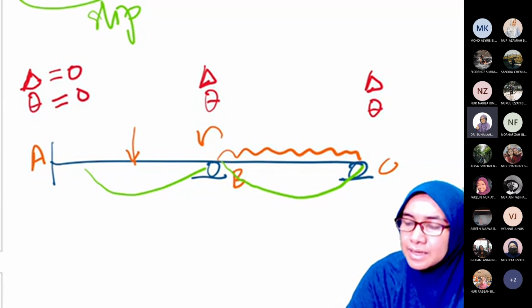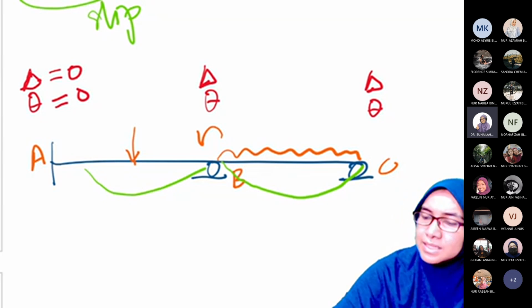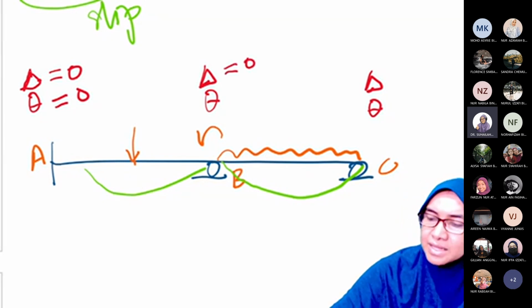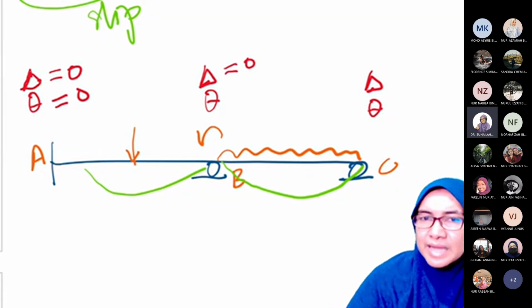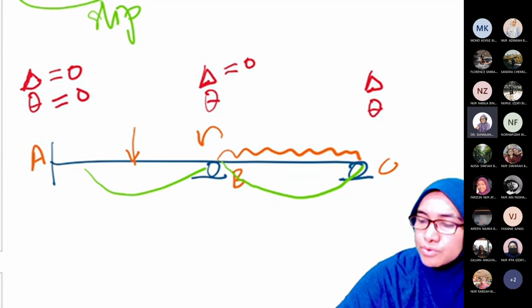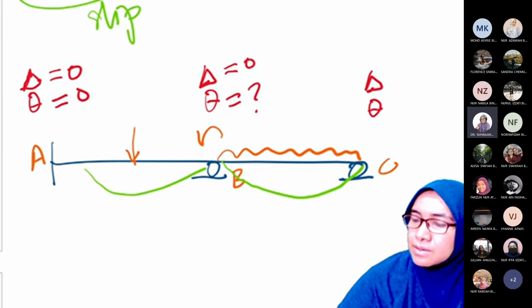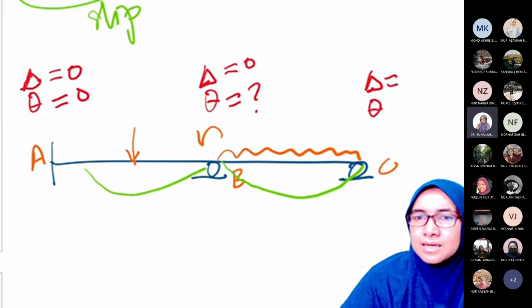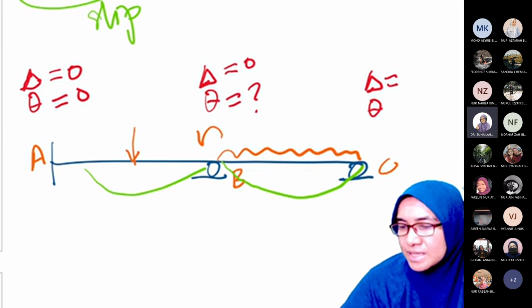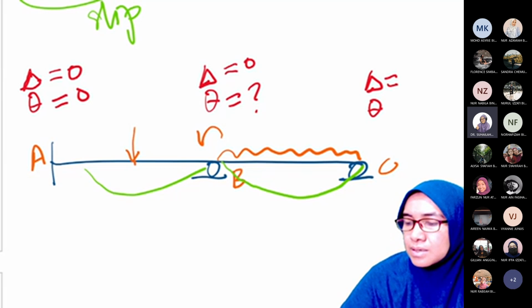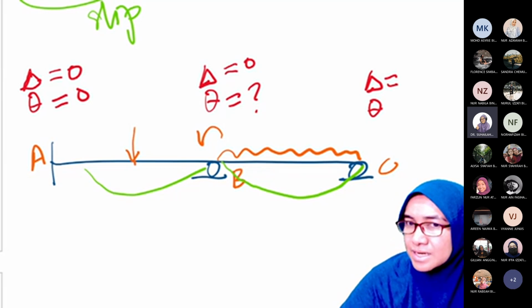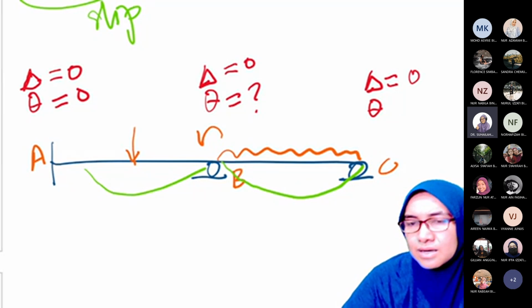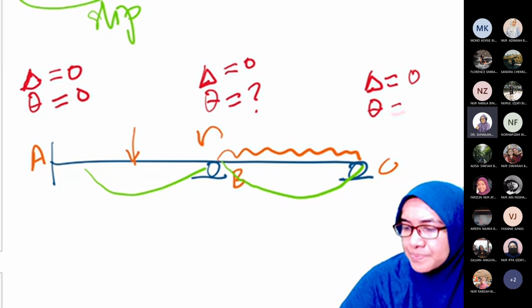Okay, dekat B, delta dia zero, tapi theta dia tu, slope dia tu. Tangent line tu dia ada slope. So slope tu dia kat sini jadi unknown, non-zero. Sama juga dekat C, delta tu dekat situ kosong sebab delta ni vertical displacement. So sini mana ada vertical displacement kan dekat C tu. So delta kosong, theta unknown.